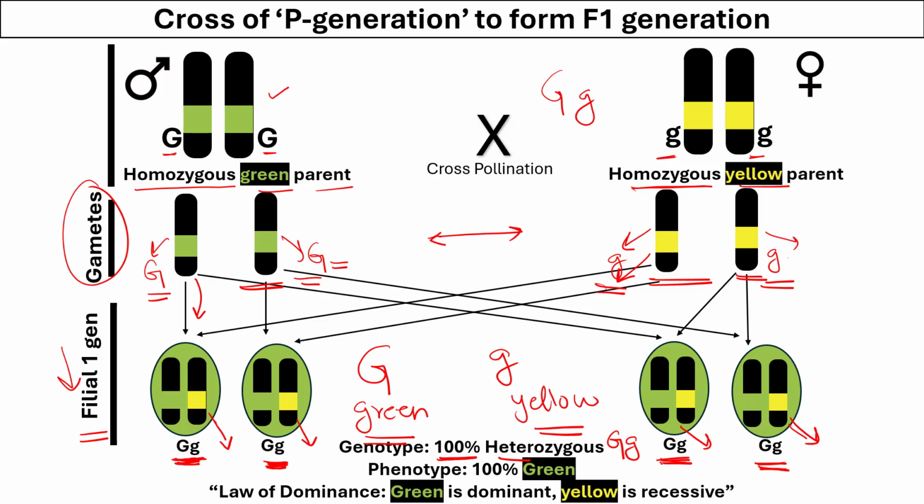So we have established that green color is dominant over yellow color. Again, remember, the combination of letters in the genes of an organism gives you the genotype. And what you see in the physical form, the final character that is the result of these letters, is the phenotype. That means the final result, which will be either green color or yellow color, is the phenotype.